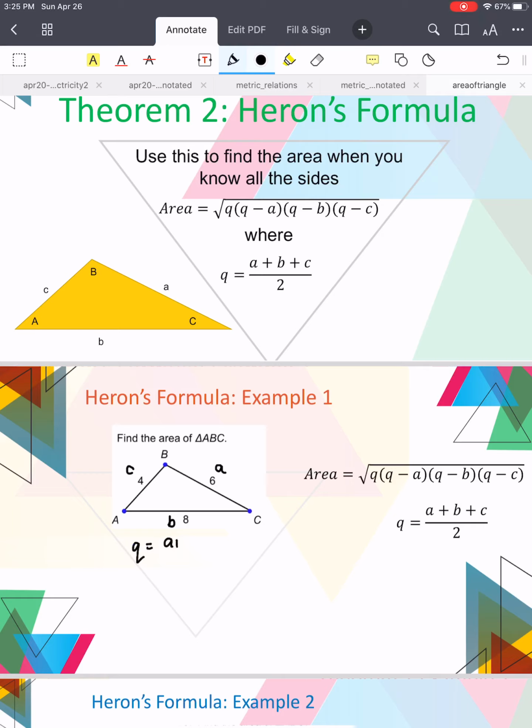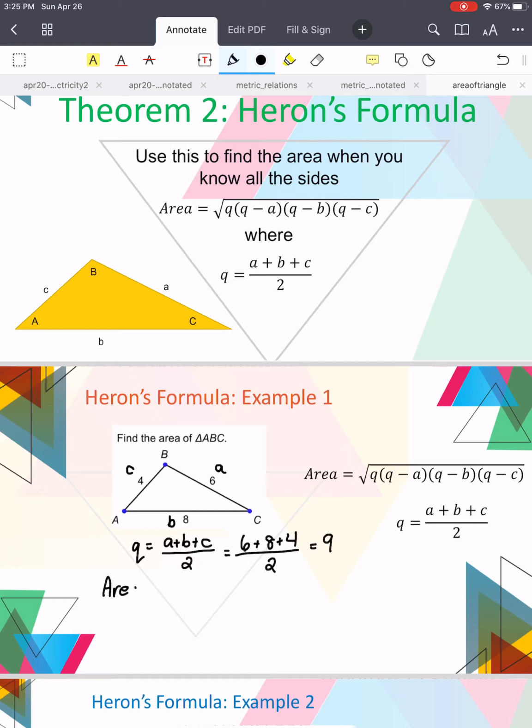Q is A plus B plus C all over 2. That's 6 plus 8 plus 4 over 2. That gives you 9. Okay, so Q is 9, we know A, B, and C. Let's plug it into our formula.